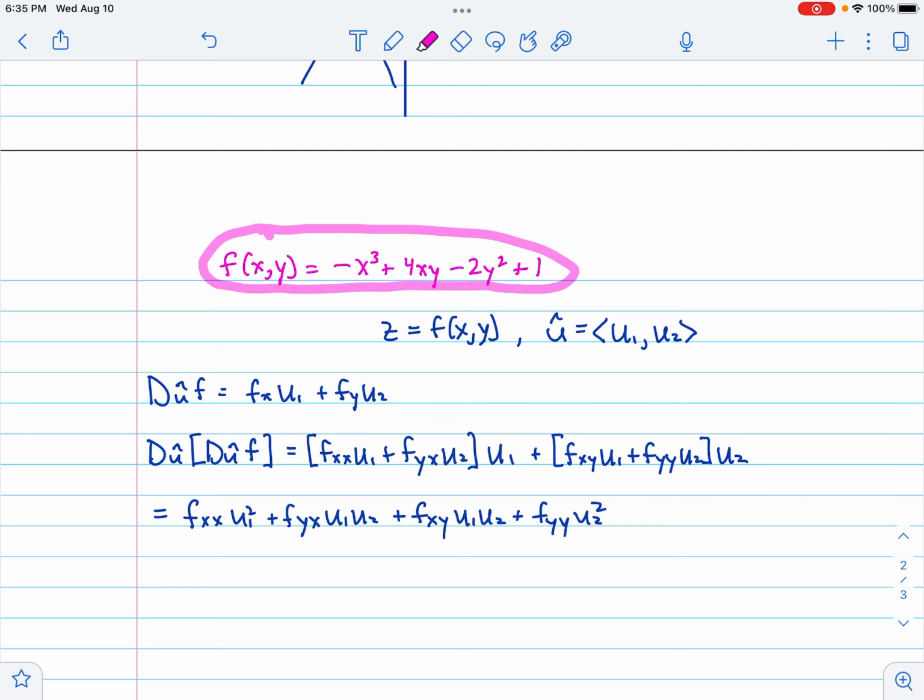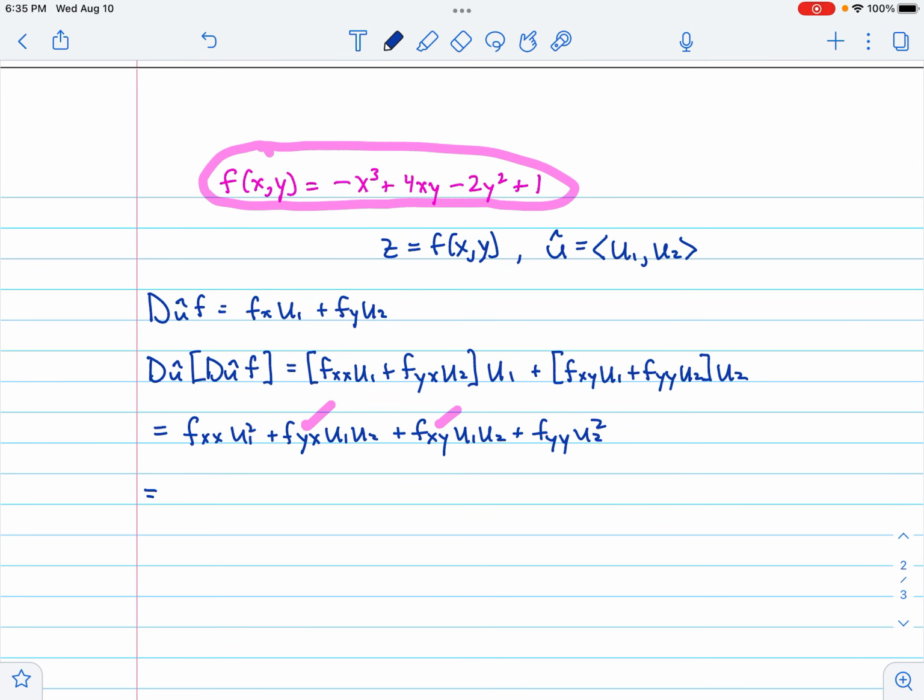Now, dig, if you will, that fyx and fxy are the same. So let's see if we can write this a little bit differently: fxx u1 squared plus 2 fxy u1 u2 plus fyy u2 squared. That's the ticket.